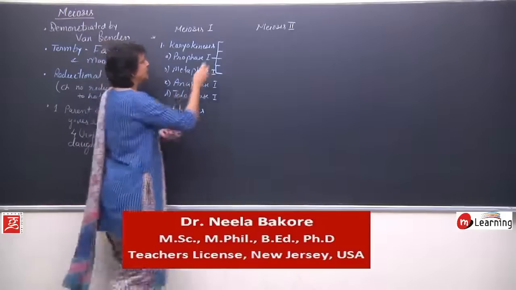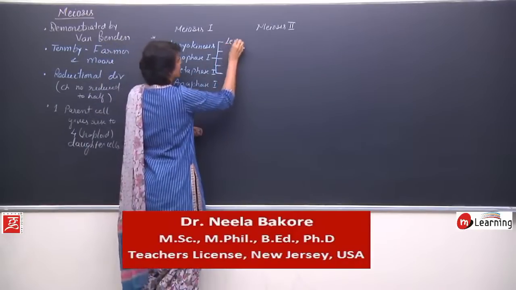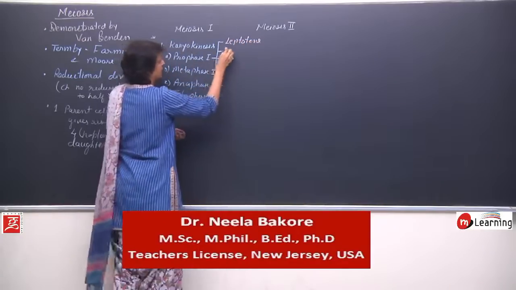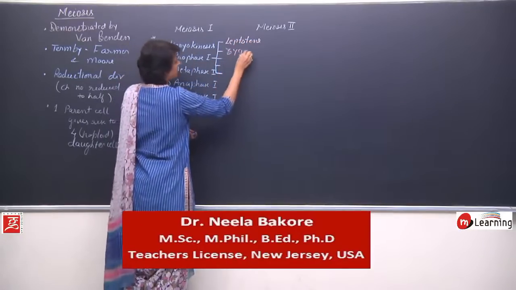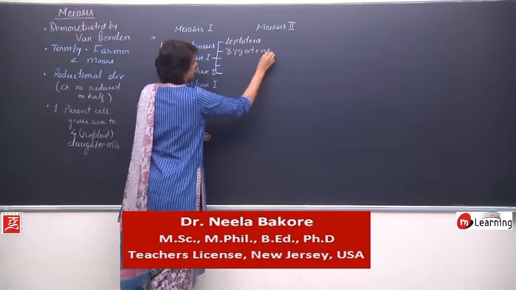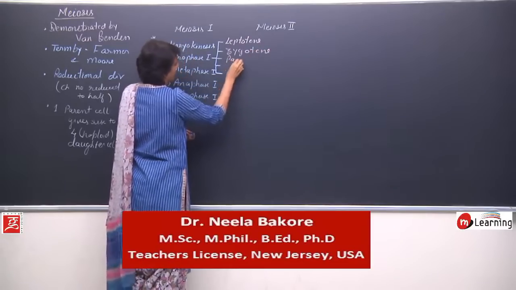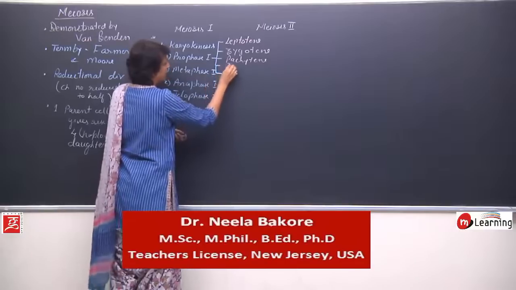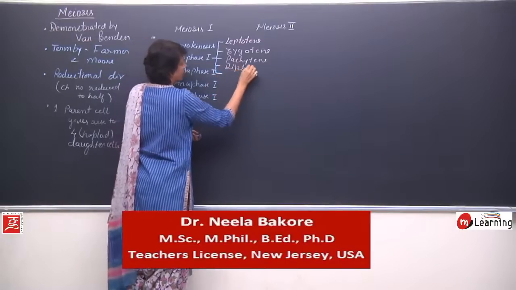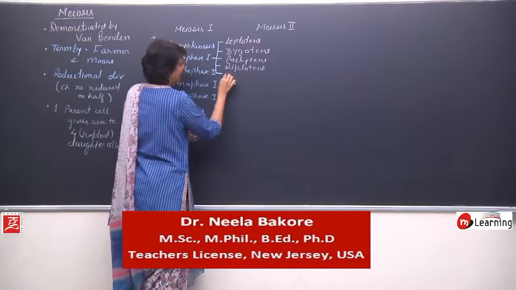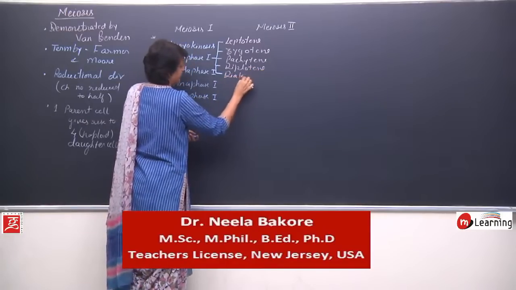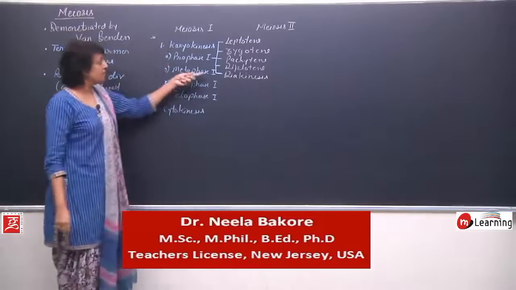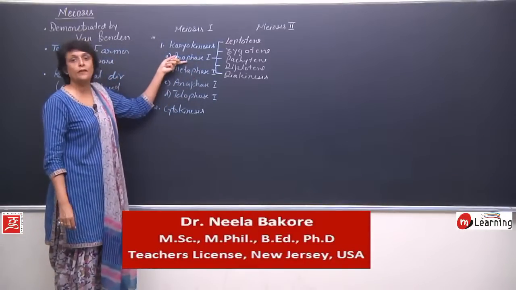These are leptotene, zygotene, pachytene, diplotene, and diakinesis. So these are 5 subphases of prophase 1.